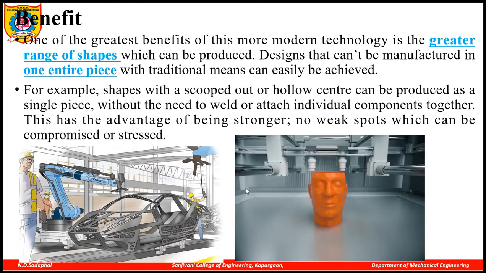So what are the different benefits of 3D printing? In 3D printing, a variety of shapes we can produce, and the shapes produced by 3D printing are entirely one piece. In the conventional way, if an object is made up of a number of parts, the parts are manufactured separately, and then they are assembled to each other, and then the final product will be ready.